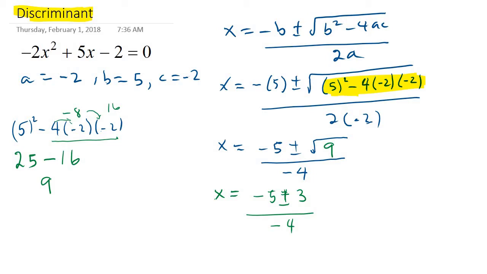We're going to do -5 plus 3, and that will give me -2. So the first answer is x equals -2 divided by -4, or we do -5 minus 3, that's -8 divided by -4. So there are two answers. -2 divided by -4 is 1/2, and then -8 divided by -4 is 2. So there are two solutions.